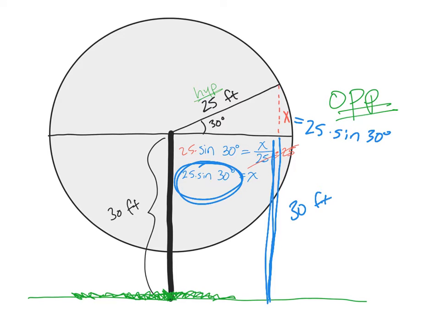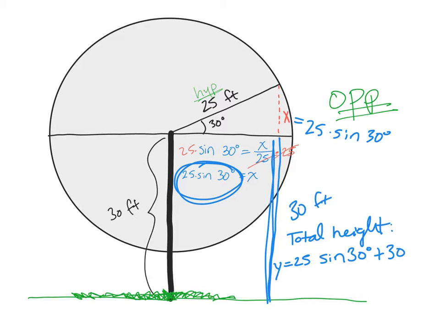So our total height is going to be 25 times the sine of 30 degrees plus 30 feet. So that's the total height. I'm going to use a y equals for that so we know it's an equation. Okay?